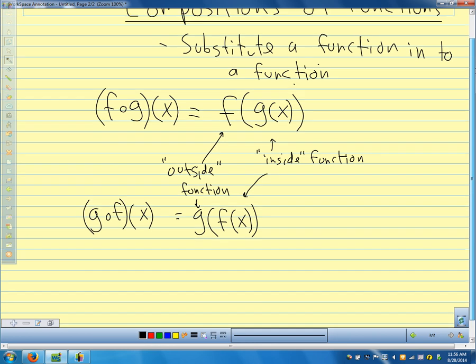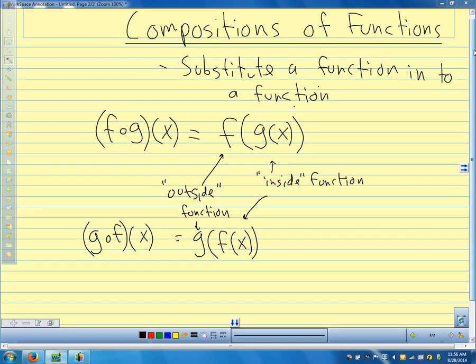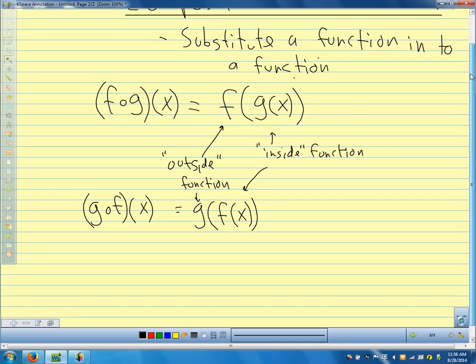And the domain of a composition is a little trickier than the domain of other combinations of functions. It sounds complicated, but it's not as complicated as it sounds. Before we write this out, let's remember what domain is.